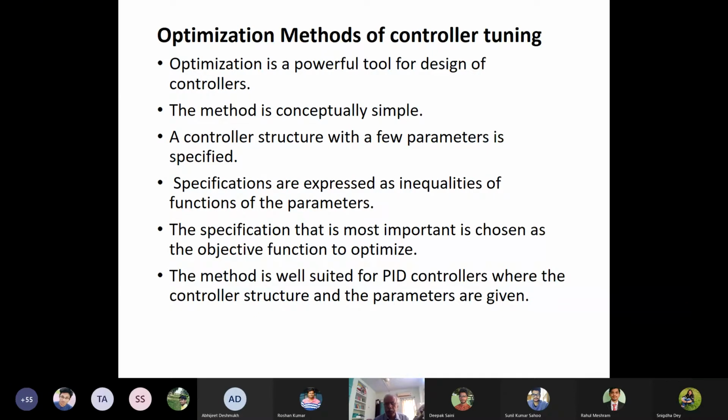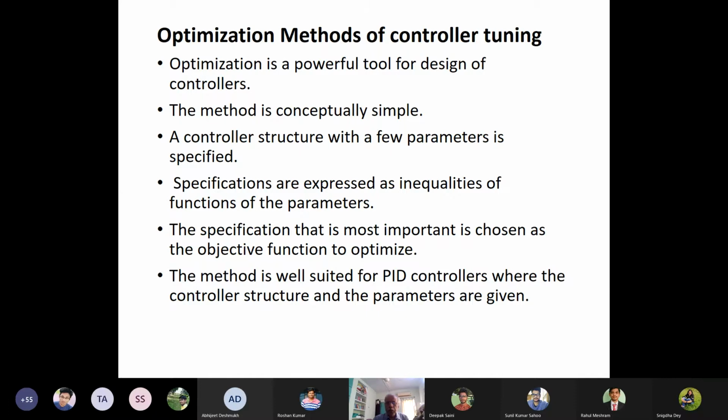This method is well suited and it is used heavily for PID controller tuning because in PID controller we have the defined control structure as well as the parameters are known. I'm not talking of the parameter values, but the number of parameters are known.